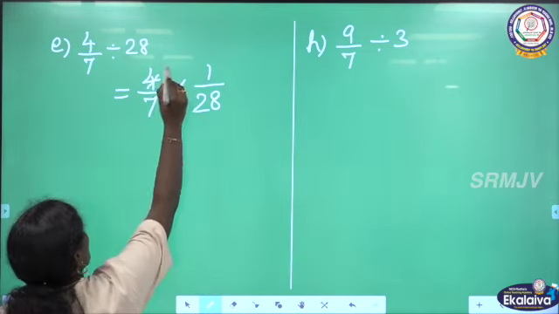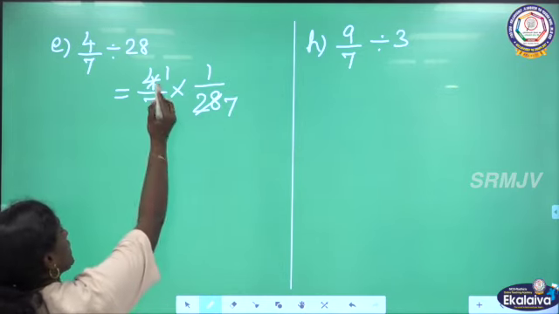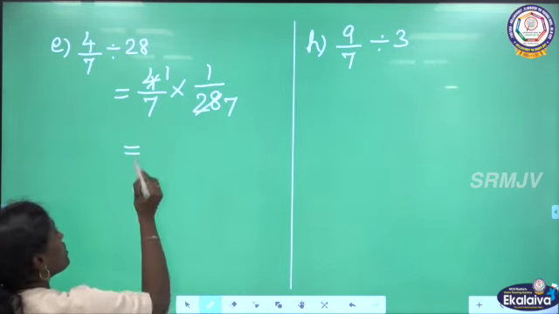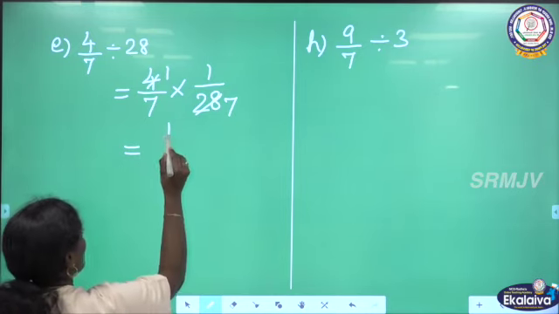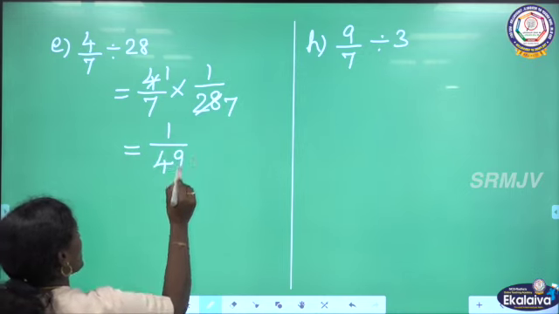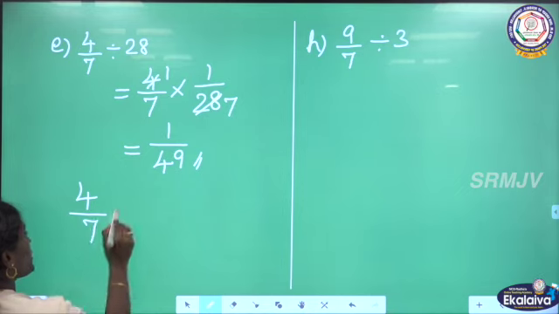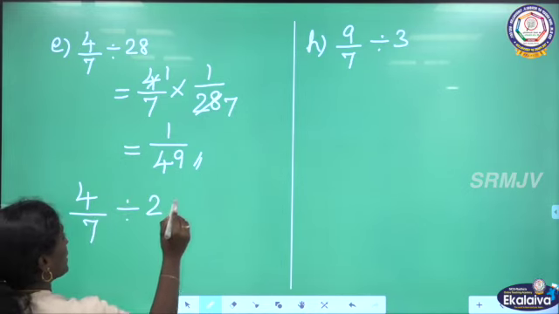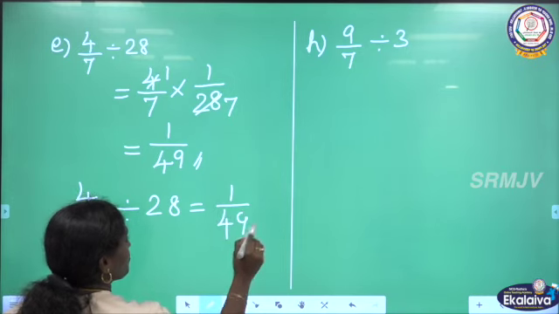In 4 table 1 time, in 4 table 7 times. Here in numerator we are having 1 alone, so there are no other possibilities. So 1 into 1, 1, divided by 7 into 7, 7 7s are 49. So 1 by 49 is the answer. 4 by 7 divided by 28 is equal to 1 by 49.